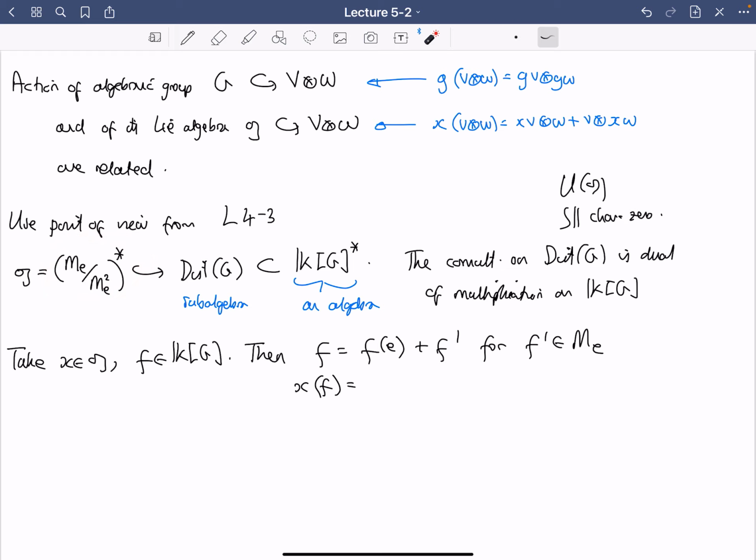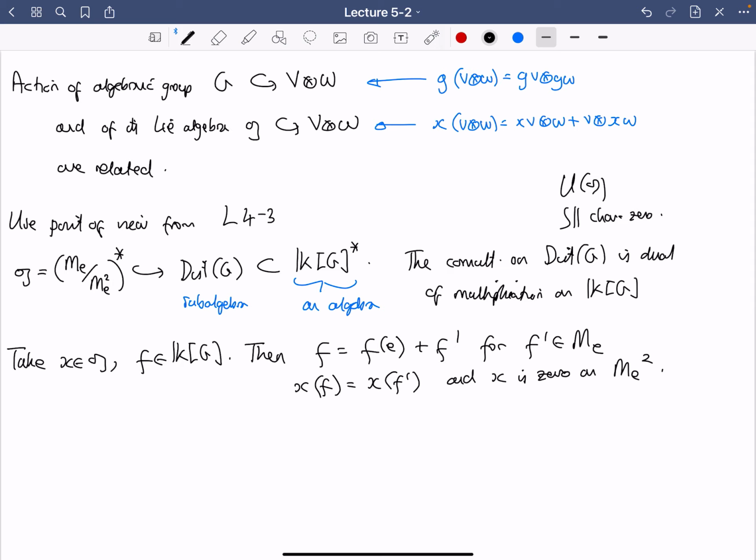So I'm just going to extend that to being a function on the whole coordinate algebra, that's this embedding here, so that it takes the unit element 1 in the coordinate algebra to 0. So x of f is just the same as x of f prime, which is in this M, and x is 0 on functions in the square of that maximal ideal.